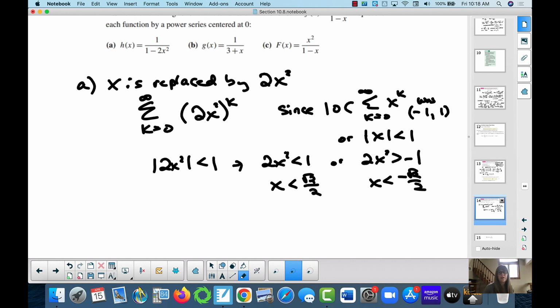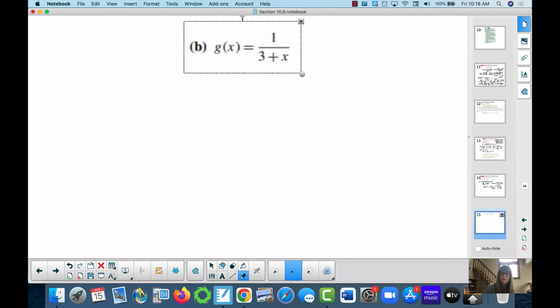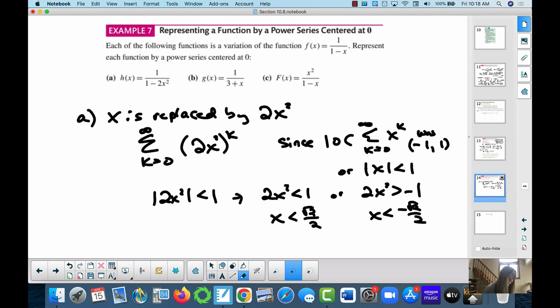Just like the endpoints diverged for this original one, that's going to happen here too, so it's going to be divergent at those endpoints. And so my interval of convergence for this one is the open interval of negative square root of 2 over 2 to square root of 2 over 2.